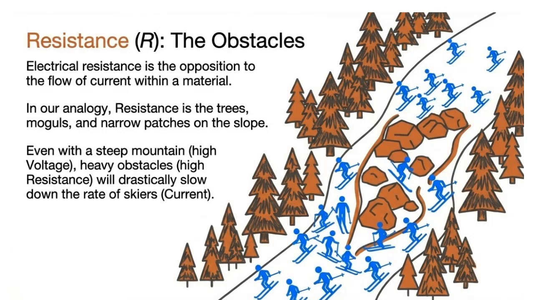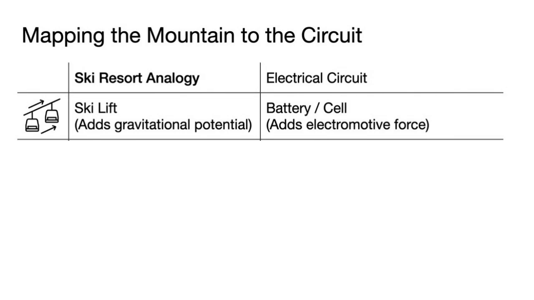This shows how resistance affects the flow of electrical current by making it more difficult for charges to move through the material. Think of the battery or cell as the ski lift, which adds energy to the system by giving skiers potential energy, just like the battery provides electromotive force.